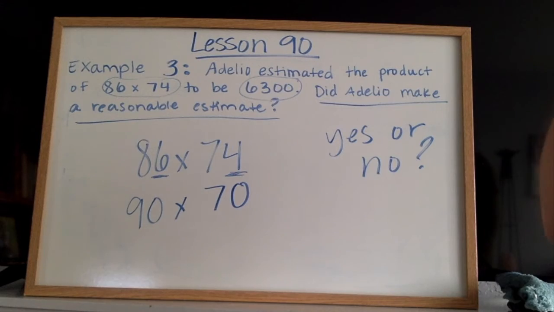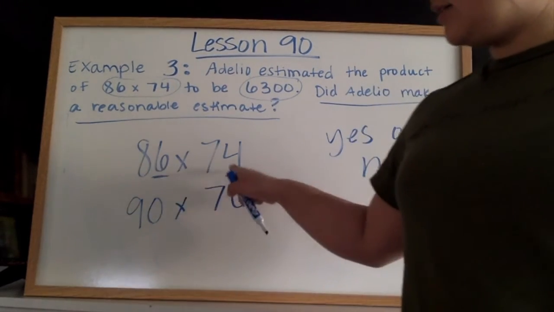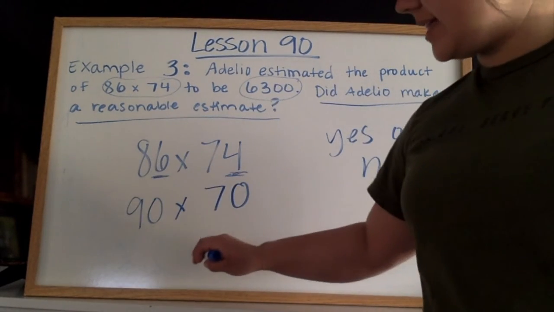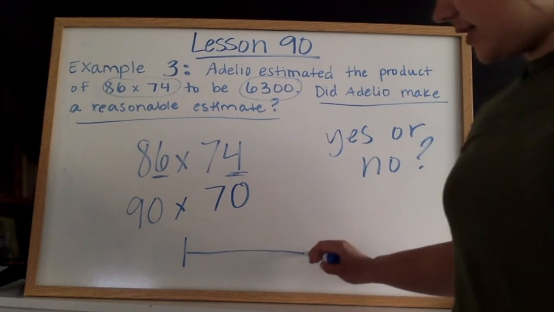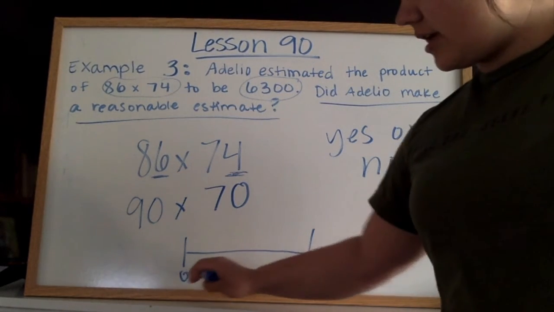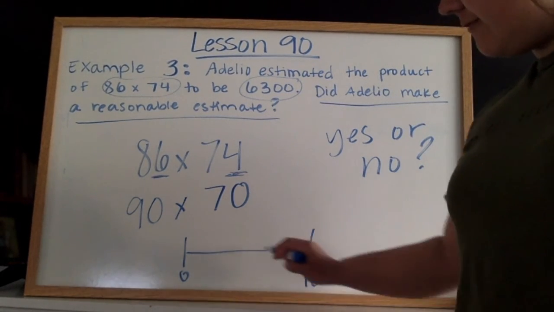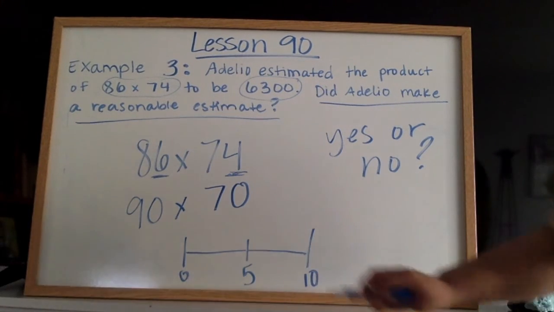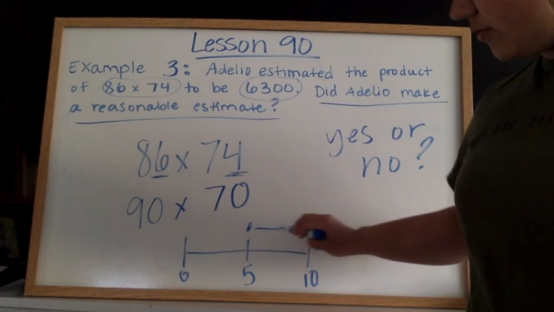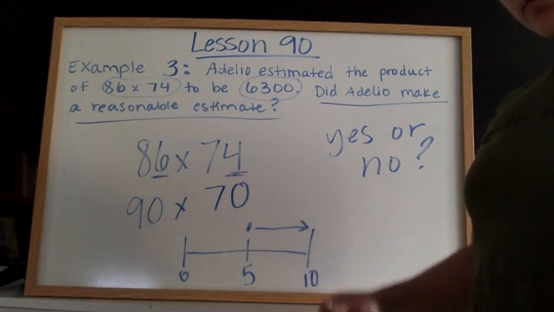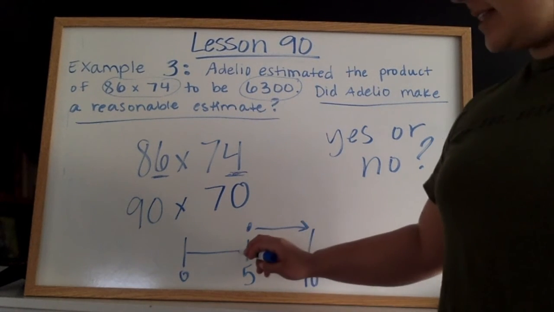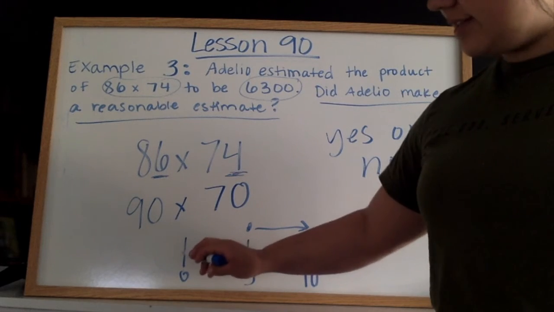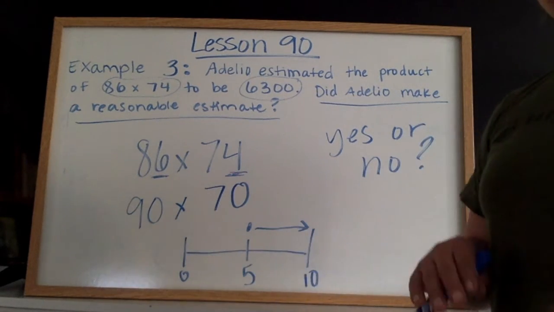Another way to think of rounding: if you have a number line between 0 and 10, 5 is halfway. So if it's at 5 or more, you're going to round up. If it's at 4 or less, then it just stays the same, or you let it rest.